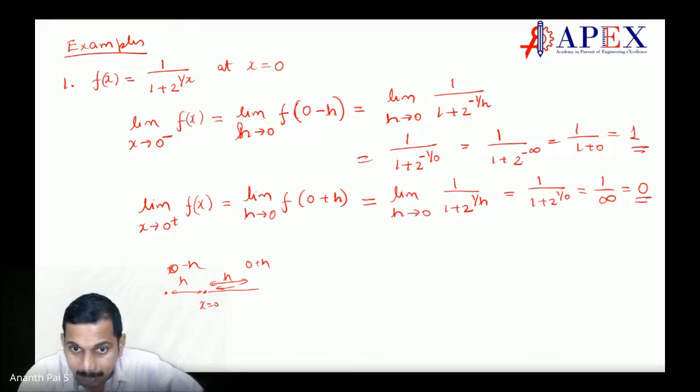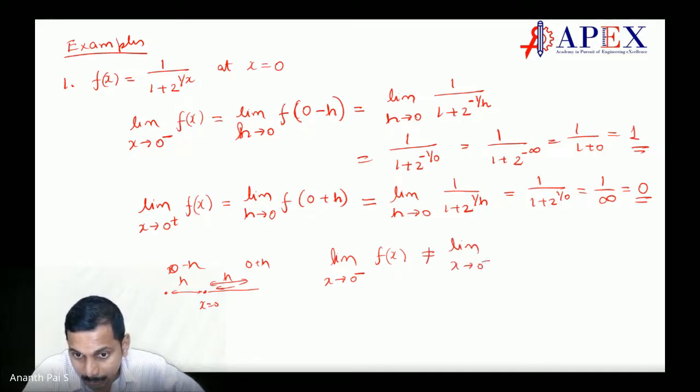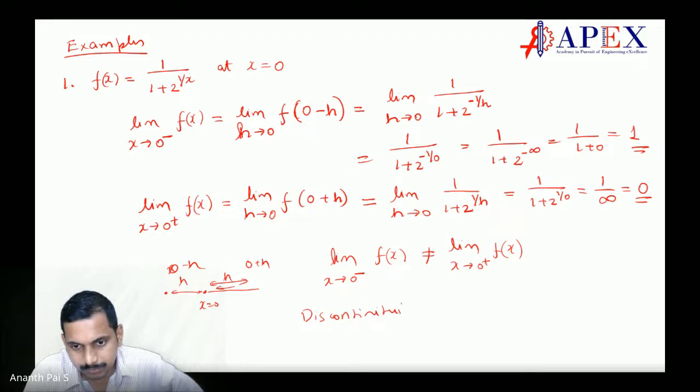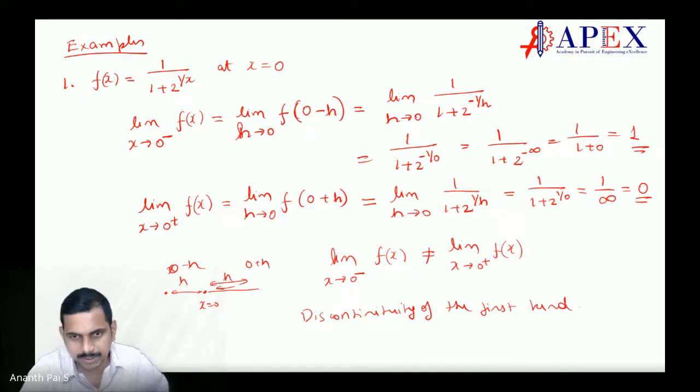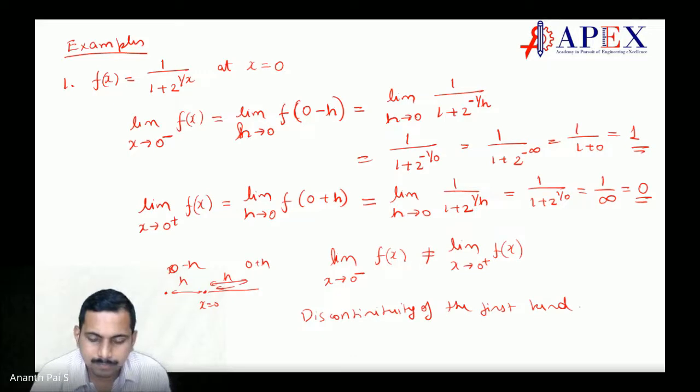So limit x tending to 0 minus f of x is not equal to limit x tending to 0 plus f of x. So this is a discontinuity of the first kind. Makes sense, students? It is discontinuous, obviously. Any doubts here?